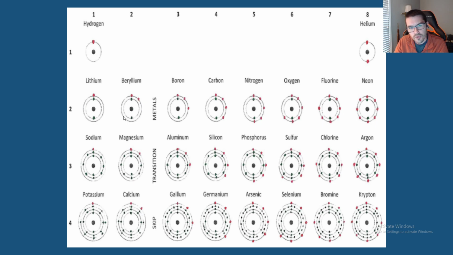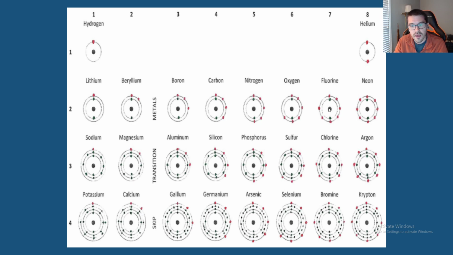So for beryllium, we've got 4 protons. We pseudo-calculated our effective nuclear charge as 4 protons minus 2 shielding electrons, so our effective nuclear charge here was 2. Our effective nuclear charge over here in fluorine was quite a bit bigger: 9 protons minus these 2 green shielding electrons, so an effective nuclear charge of 7.